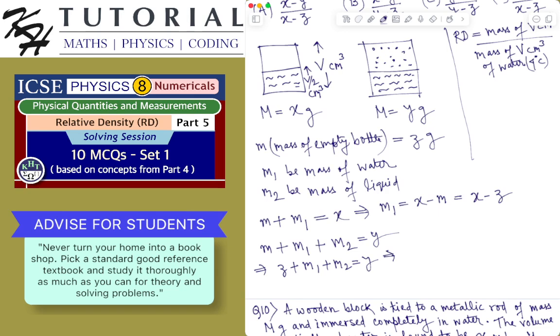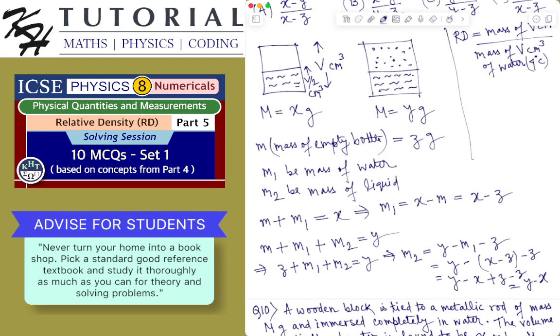From here we get m2 is equal to y minus m1 minus z. What is m1? M1 is x minus z. So this is y minus x plus z minus z, which is equal to y minus x.